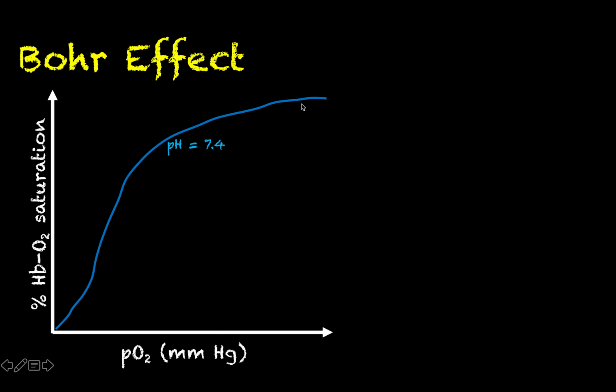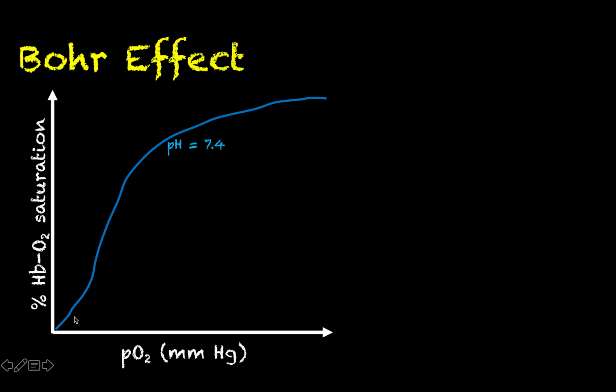So at the very top of the graph, you would have all or 100% of your hemoglobins loaded up with oxygen, and at the very bottom it would be 0%. On the x-axis, we are looking at the oxygen saturation in the blood plasma, and the idea here is that at very high oxygen levels, hemoglobin gets close to 100% saturated, and at low oxygen levels, hemoglobin is very fractionally saturated.